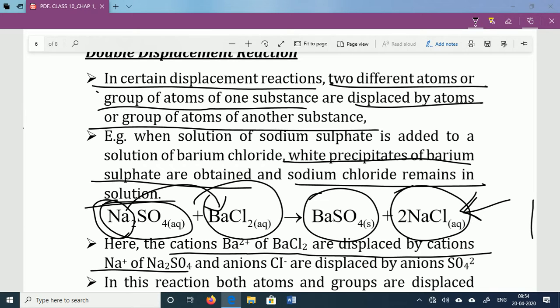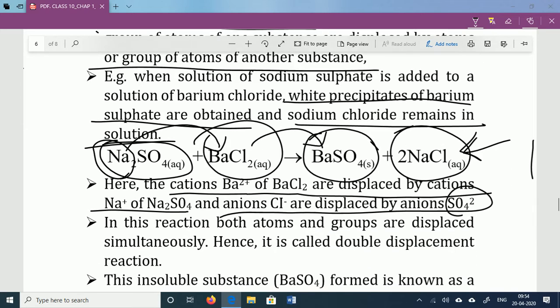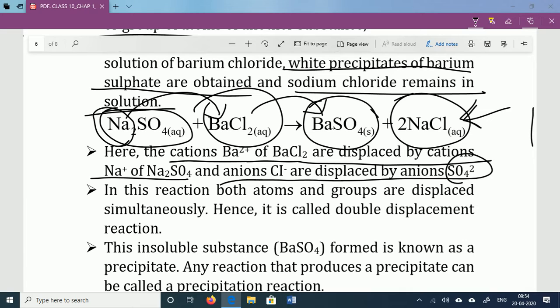In the same way, Cl- is displaced by the SO4 2- of Na2SO4, and it will form BaSO4 from the BaCl2. Cl- is displaced by the SO4 2-.